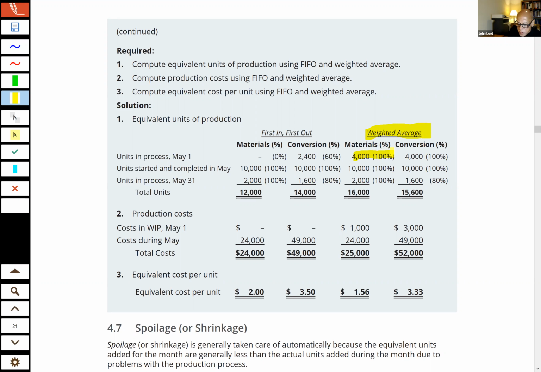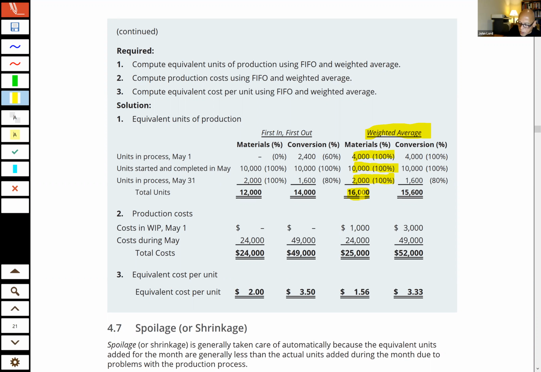Units started and completed are 10,000. We finished those, and then for units that were in process, we give ourselves credit for all of that. That's 16,000 for materials.